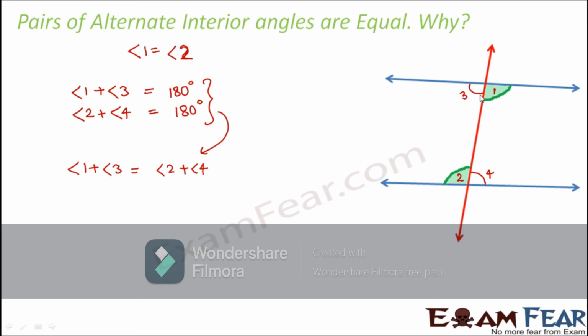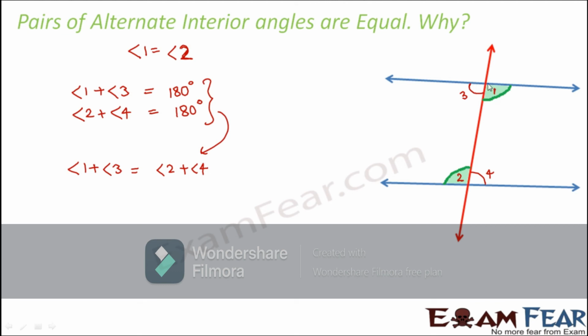Now we also know that angle 3 is not equal to angle 2, right? Because looking at this, you can very easily see that if this is an obtuse angle, then this is going to be an acute angle. Similarly, when this is an obtuse angle, this is going to be an acute angle. Looking at the diagram only, forget about the relationship.